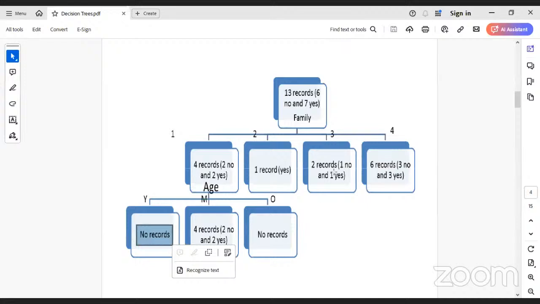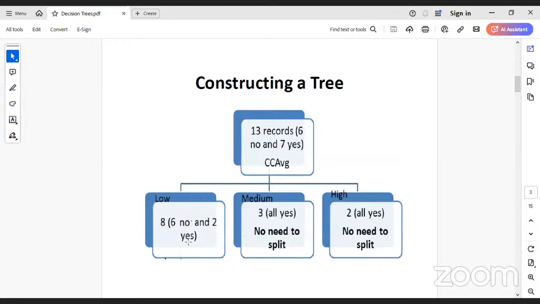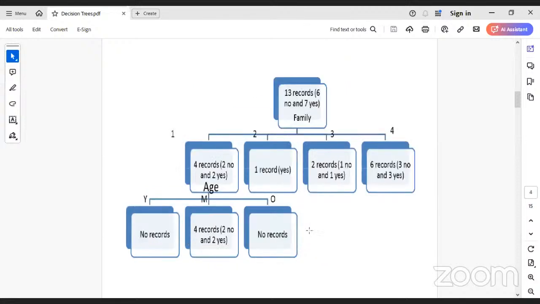Why? Because let us say family is equal to 3. Let us look at that. Family is equal to 3 has only two records, and under age both are old. So there are no records in the other two categories.